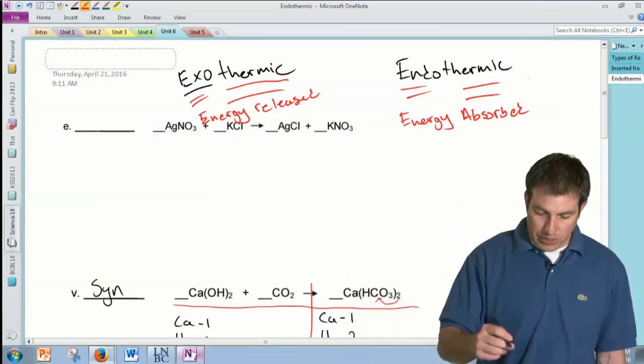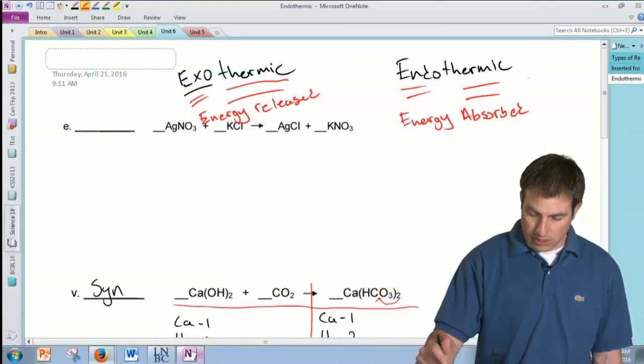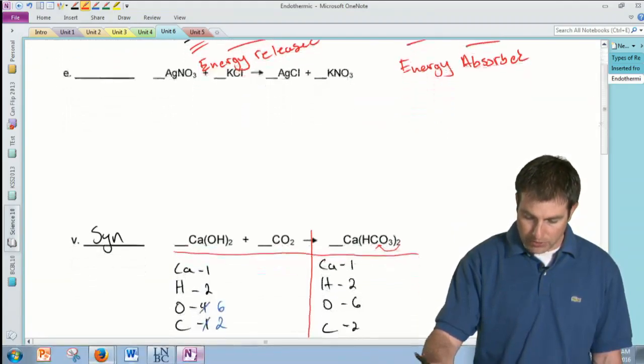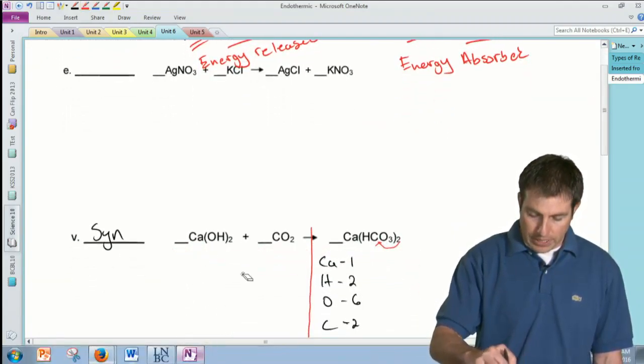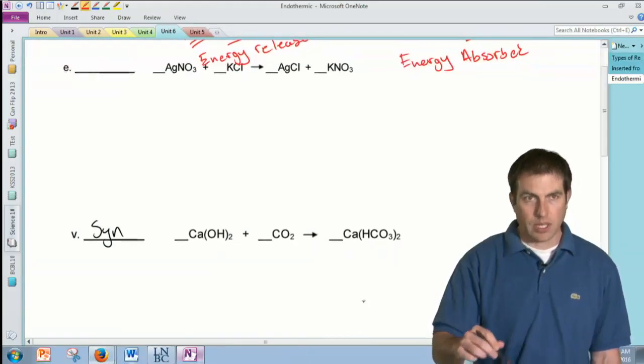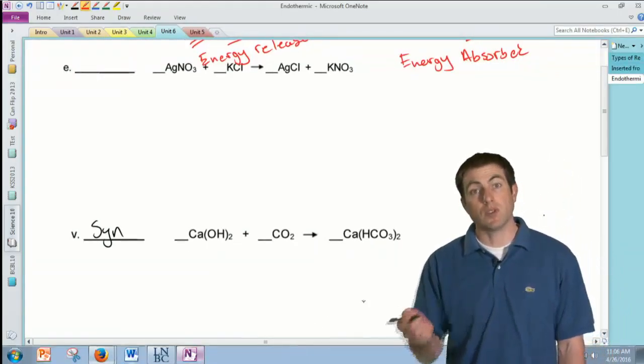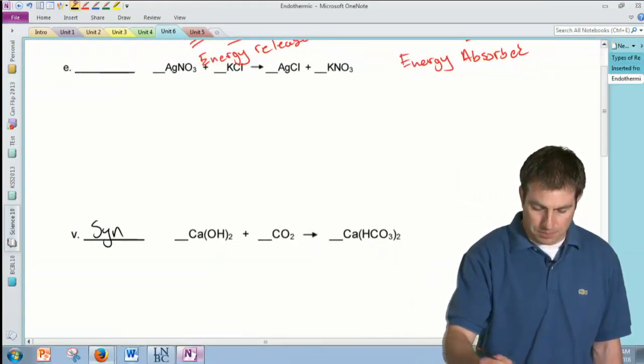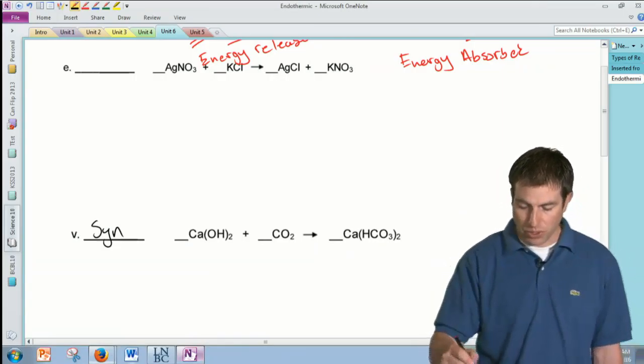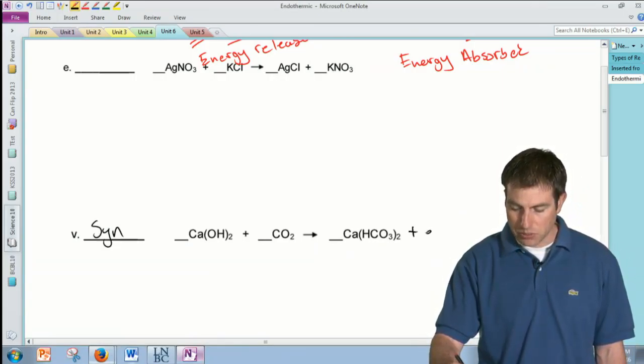So if I had a reaction like the one here, let's look at letter V down here. I talked a little bit about this when I was doing some of the demonstrations, but if I have something that is exothermic, that means energy is released.